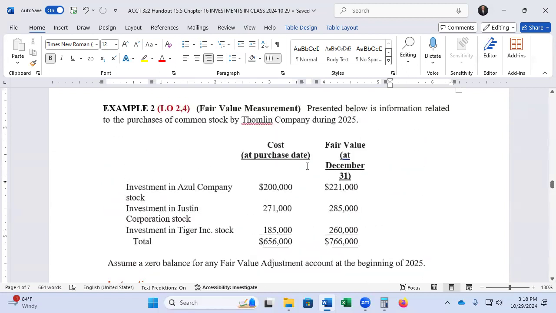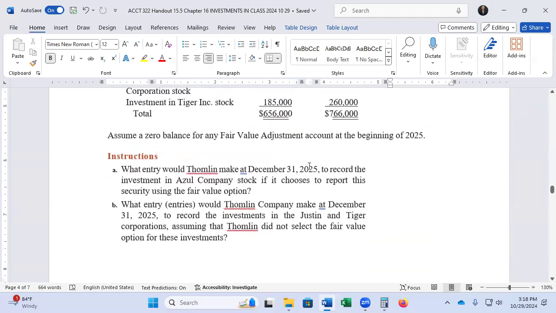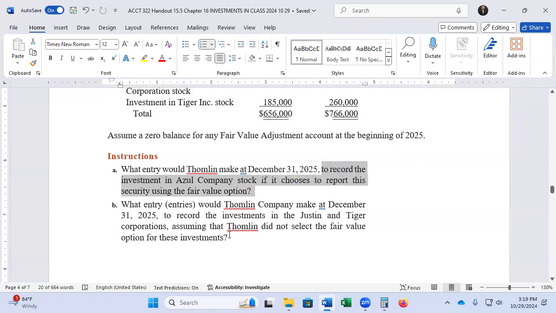Okay, let's take a look at example number 2. In part A, it says, what entry would Tomlin make at December 31, 2025 to record the investment in Azul company stock if it chooses to report this security using the fair value option?